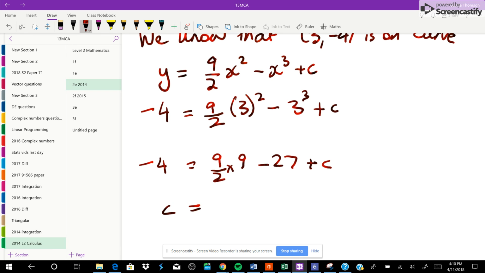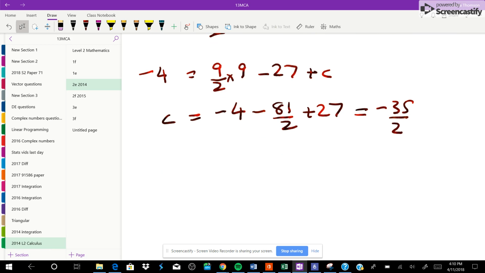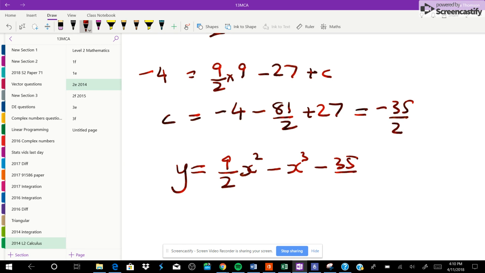So when we finish mucking around with that, we get c equals -4 minus 81 on 2 plus 27. And that all comes out to be -35/2. So finally, we put it all in together and we get our equation for the curve, which is 9/2 x squared minus x cubed minus 35 on 2.